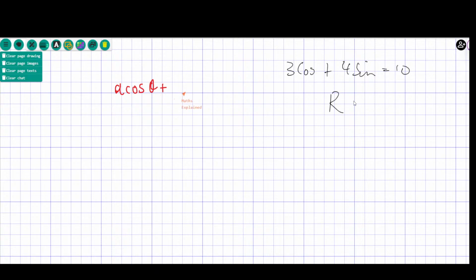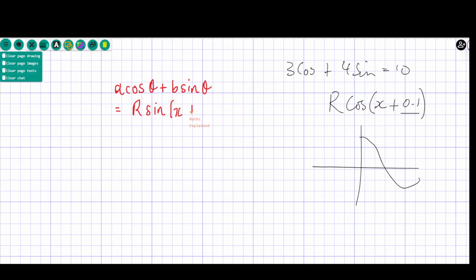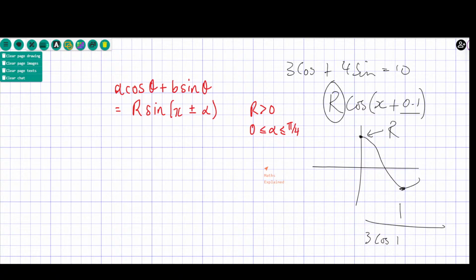But if you can whittle it down to something in just cosine, then it's really easy to draw because it's just a cosine graph that's shifted slightly, and you can find the maximum point, which is just the value of R. This models a situation where you'd want the maximum or the minimum, and they always have that question at the end where they mess it up, like 3 cos plus 2 sine, and give you this bigger function, and you've got to think about how it's been transformed in relation to the cosine, not the original one up here. So it's a super good question, and it's really useful doing.